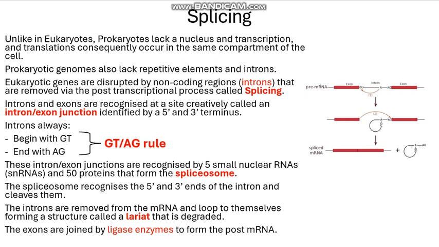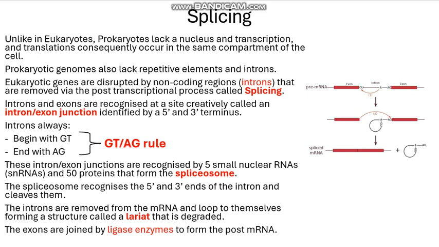So it recognizes these GU and AG regions of the intron and cuts them. This separates the intron from the rest of the pre-mRNA. Once the intron is cut, it loops around itself, as you can see the arrows pointing down from the pre-mRNA, the thing in the middle, to form a kind of circular loop structure that we call a lariat, and then this lariat just deteriorates.